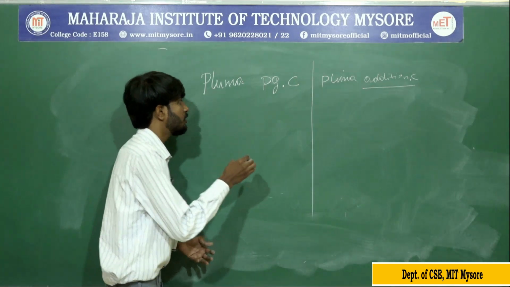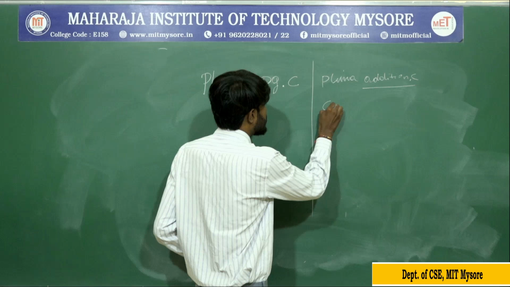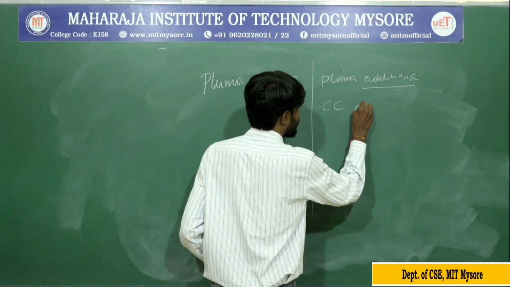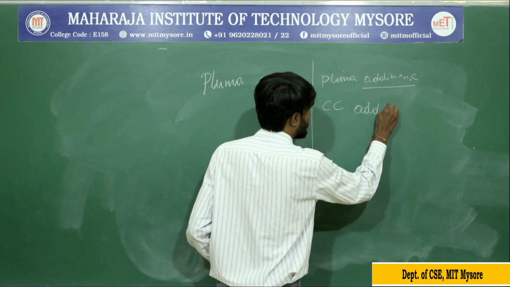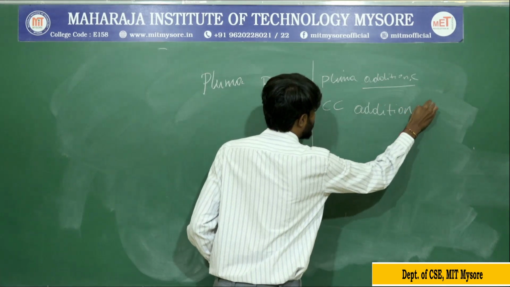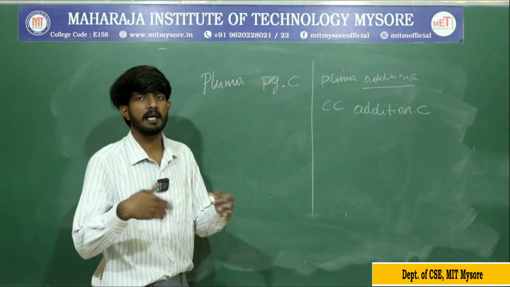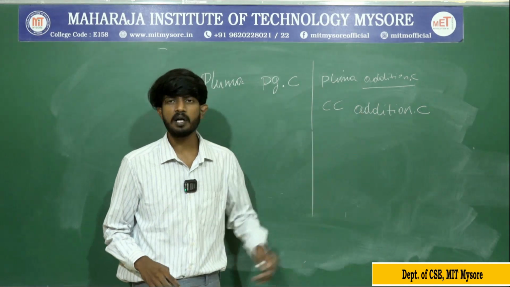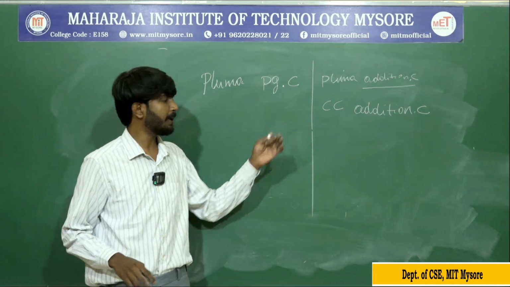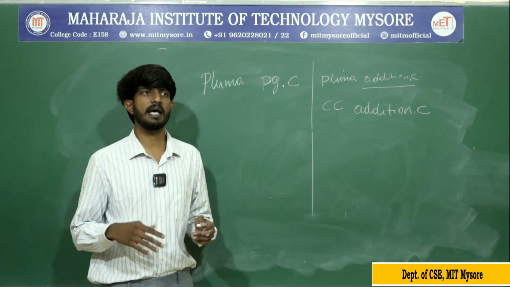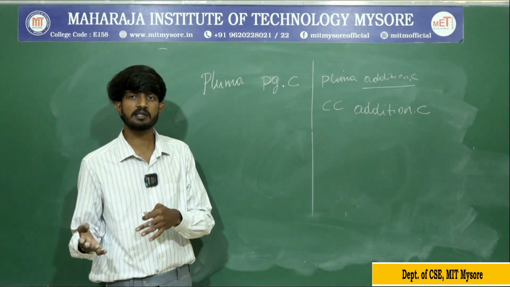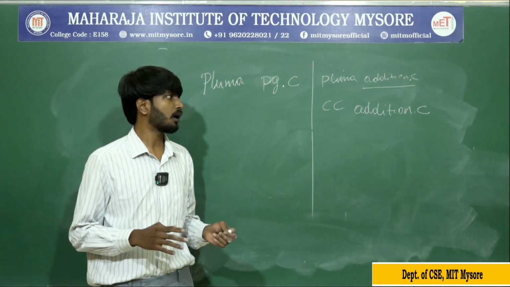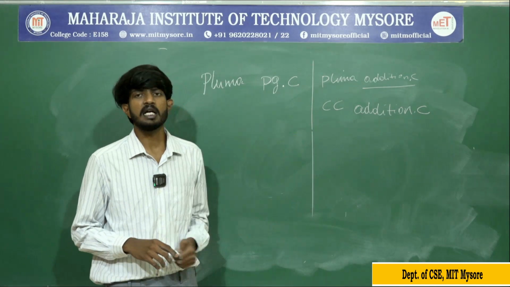For that, I write the command cc program name dot c. So cc means compile C program. It will compile our addition.c. In compilation it will give us errors if the syntax does not match the C structure, or any semantic errors.